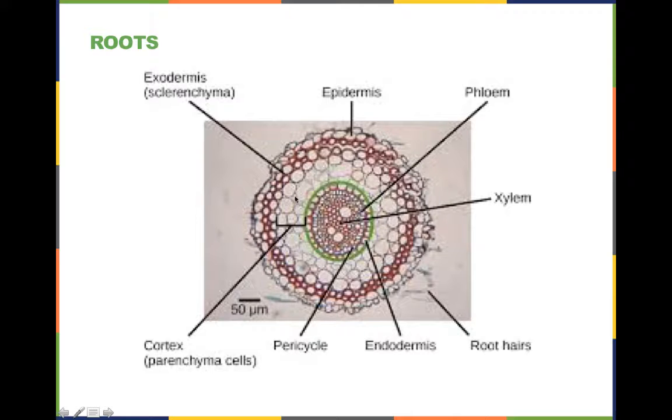Then inside of that is the root cortex, which is the parenchymal cells of the root. And then the area around the vascular bundle in the root is called the pericycle. And inside the center is the vascular bundle with both xylem and phloem for the transportation of materials in the root.